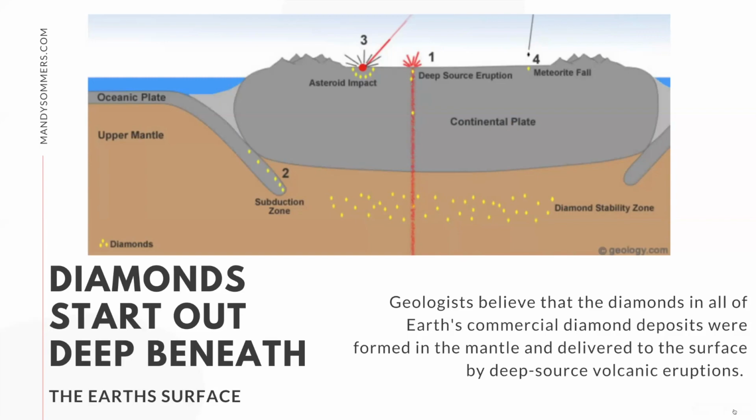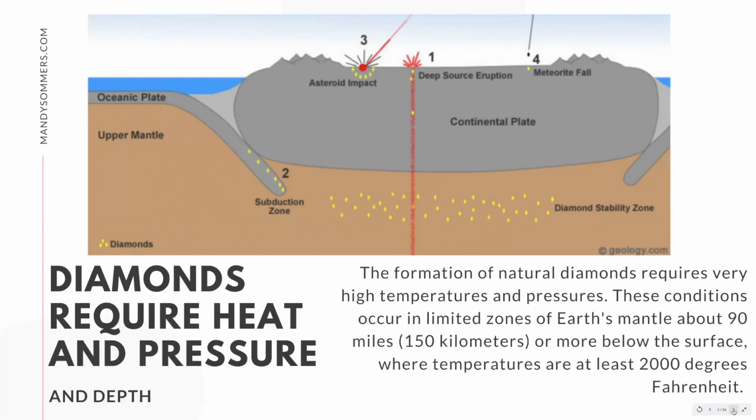And actually, we have never seen one of these eruptions. We've seen volcanoes explode, but not one like this. This is a super powerful explosion that starts at the bottom and just explodes out, a ginormous explosion. And so it actually grabs those diamonds on the way out. And that's how we get our diamonds to the surface. They get blown to the surface through this massive explosion.